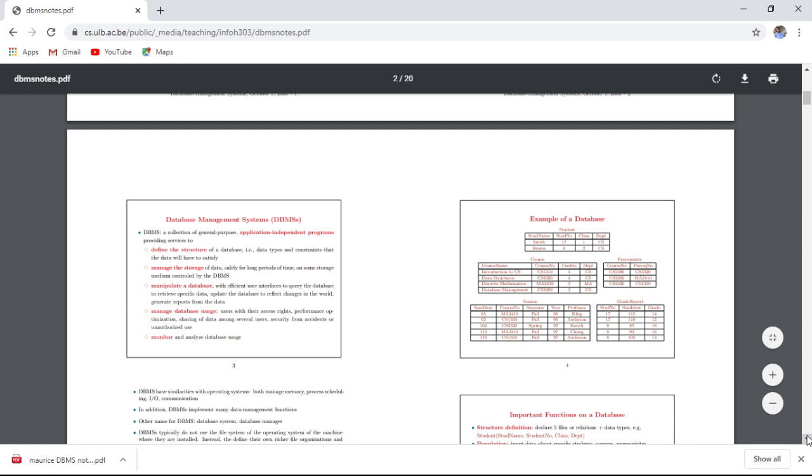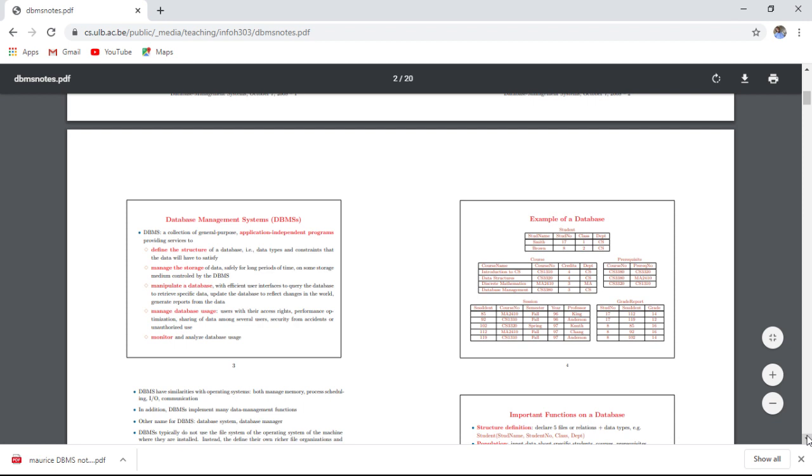What is a database management system? It's a collection of general purpose application independent programs providing services. In simple terms, it's software, an application that is going to provide services.